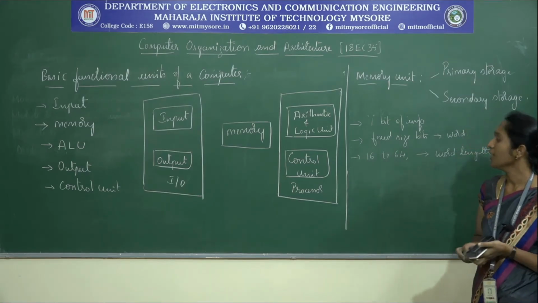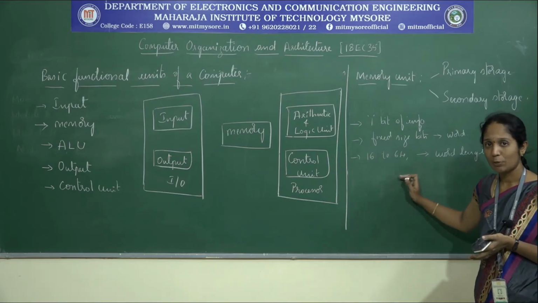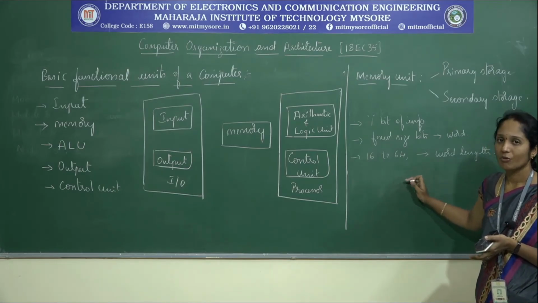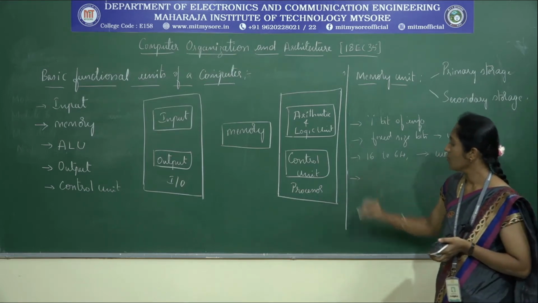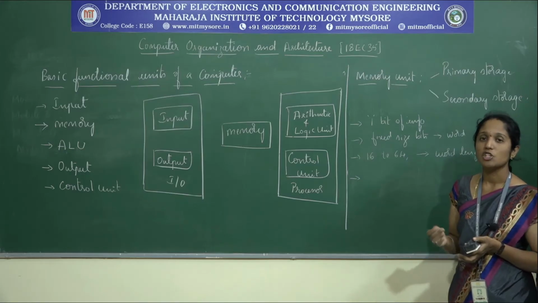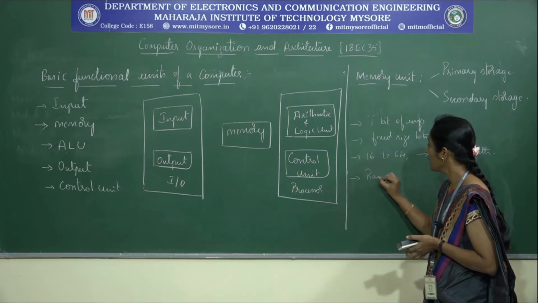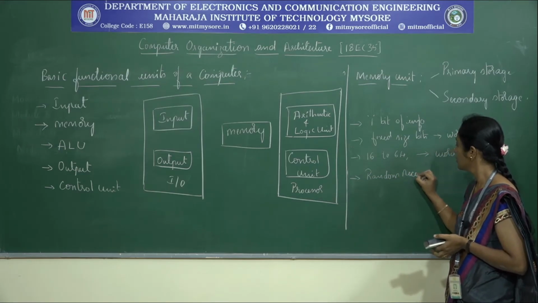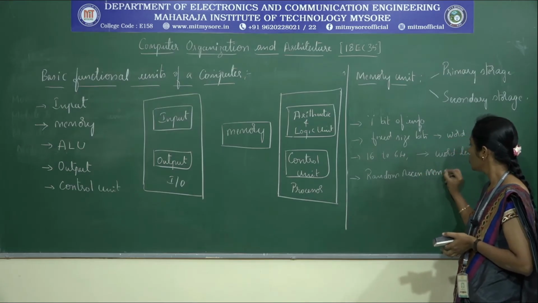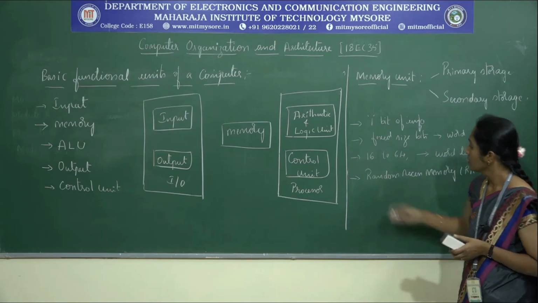Data are usually accessed in units of a word or multiples of words or parts of words in a computer system, and the memory which can be accessed very quickly in a short and fixed amount of time is called random access memory, in short RAM.